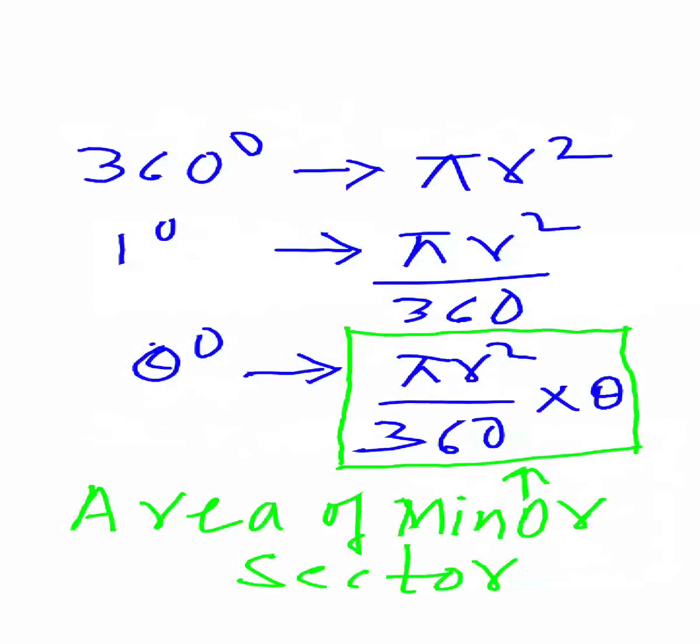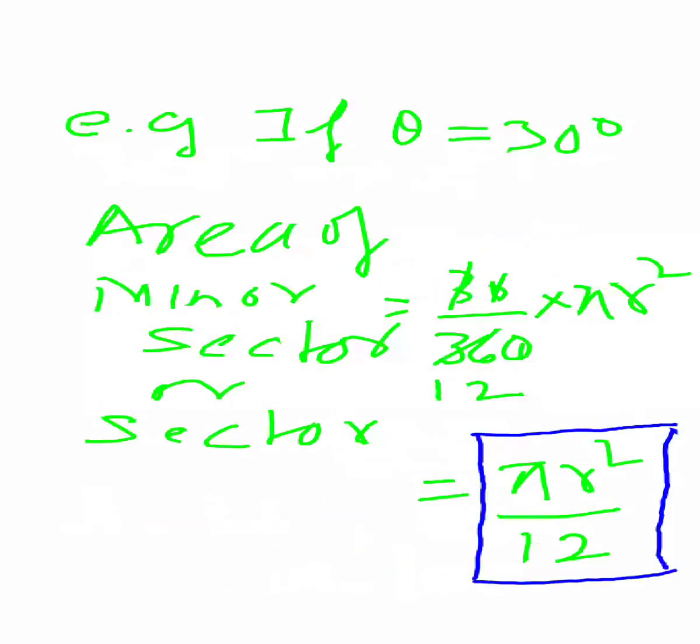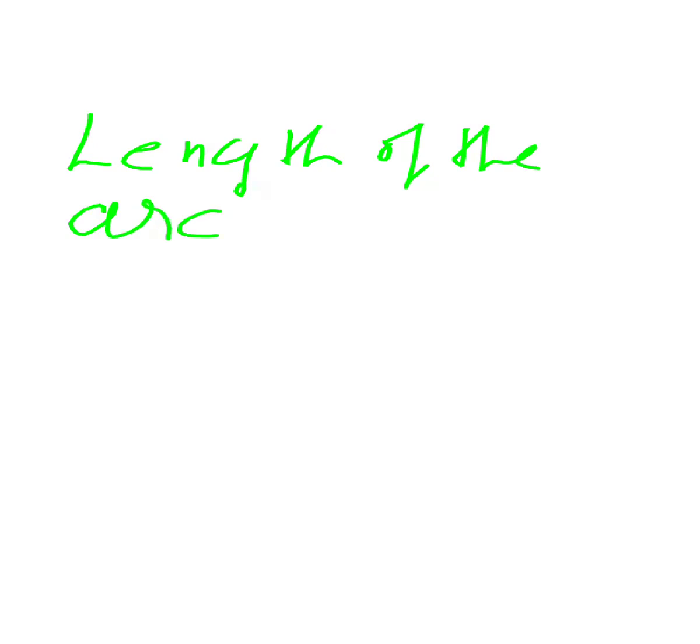So the length of the arc for minor sector, in our case it is AB for example, we can find that out.